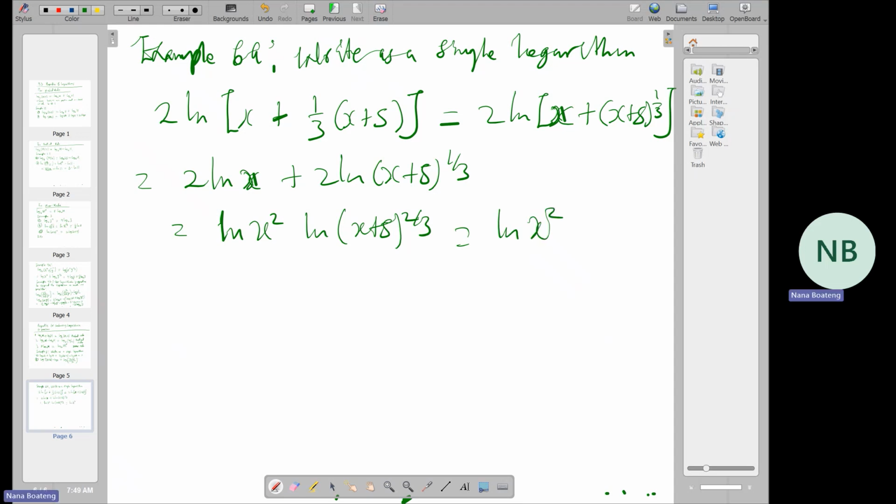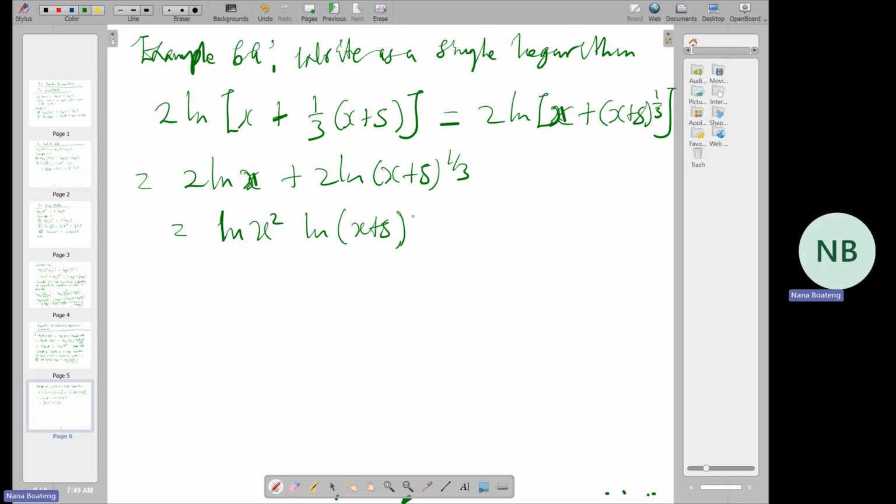And so this becomes the log of x squared, and let me write this power 2/3 first in this way. That will make using cubic roots easier later.